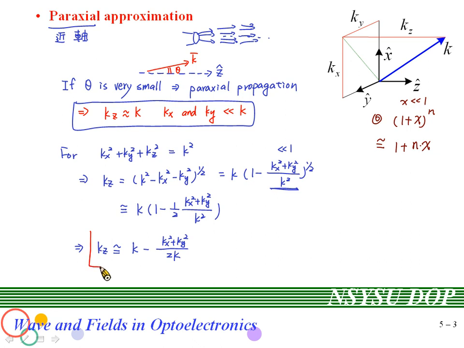This is the approximation for paraxial propagation. So if you deal with a plane wave under paraxial propagation, then you can use this paraxial approximation to replace kz in this way.